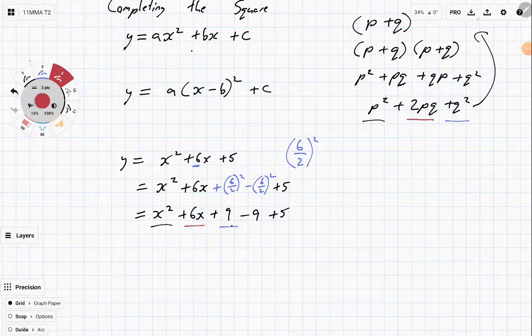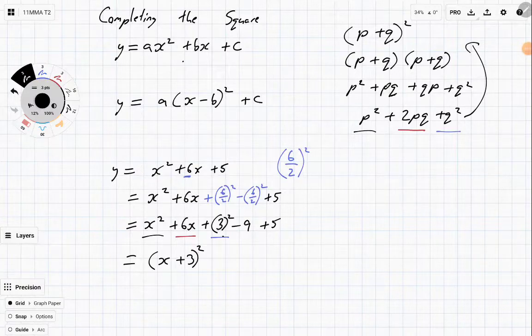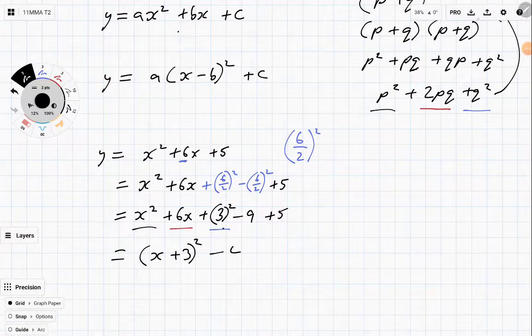So all of the terms match up, which means we can immediately turn this triple into x plus 3 squared. We can keep writing this as 3 squared if people would prefer, just to see that it really is that pattern. So we can factorize it straight to that. That's what this rule up the top says: if you expand it, you get that, therefore you can factorize it back. But I'm left with this minus 9 plus 5, so that's minus 4 on the end.